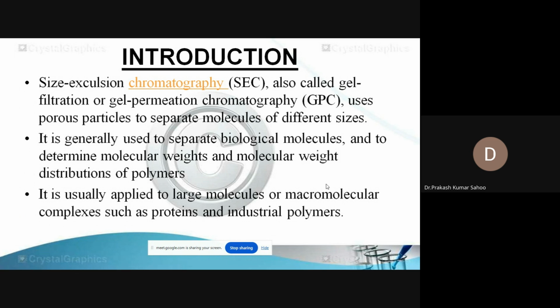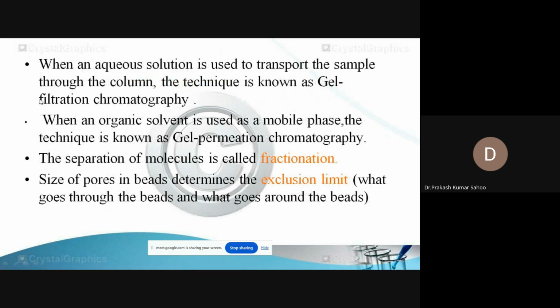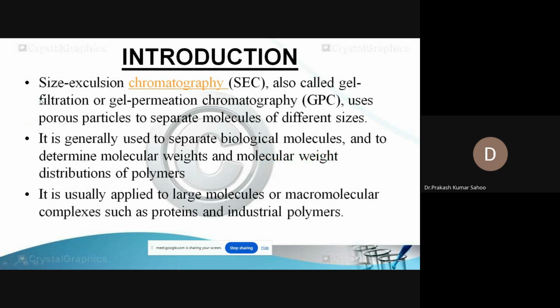So in size exclusion chromatography, the stationary phase is a gel. It is not a resin or any solid phase; it is the gel which is used as the stationary phase. If the mechanism is filtration, then this is known as gel filtration chromatography.